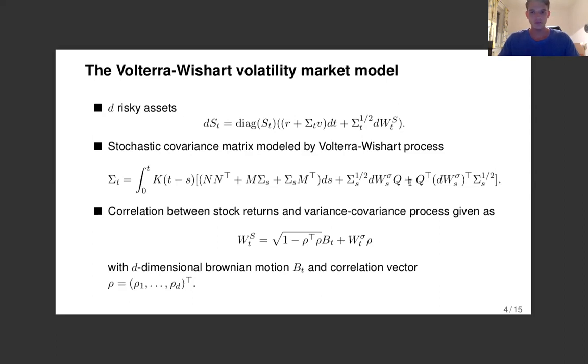And the matrix Q is responsible for the volatility of the volatility. Again, as in the one-dimensional case, we allow the stock returns and the variance-covariance matrix to be correlated, which means that we can express the Brownian motion driving the asset returns as a combination, or in terms of the Brownian motion driving the stochastic volatility and another Brownian motion vector independent of both the other Brownian motions.